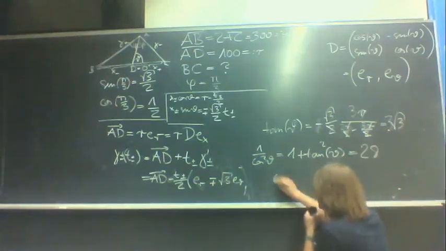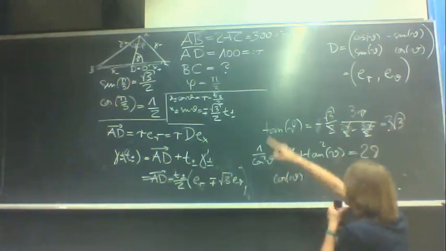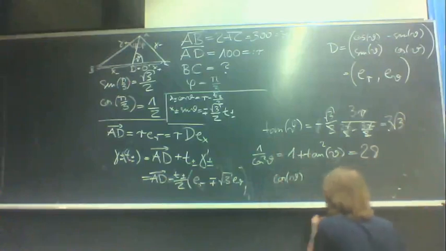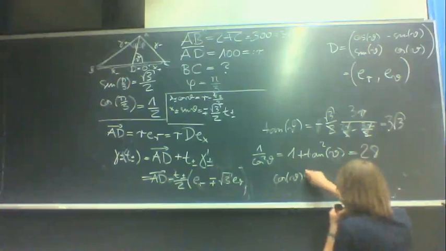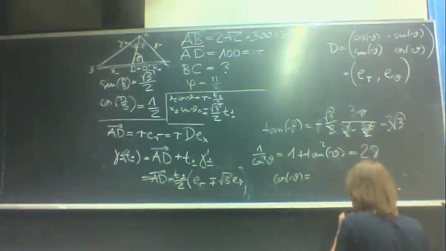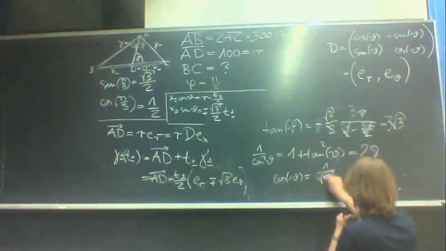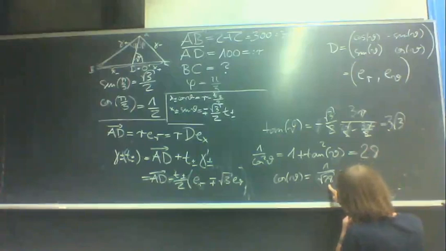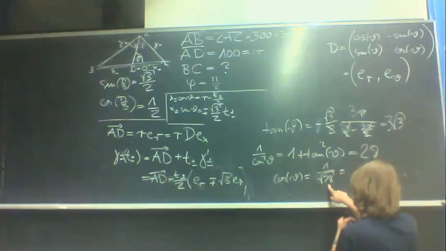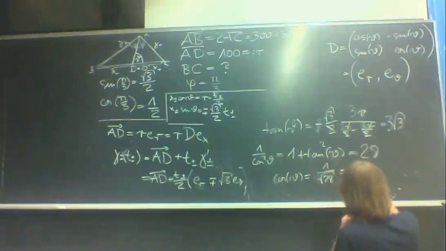So cosine of theta, and theta will be less than 90 degrees, so it will still be positive. So cosine of theta will be 1 over the square root of 28, but 28 is of course 4 times 7. So this will be 1 over 2, 1 over square root of 7.